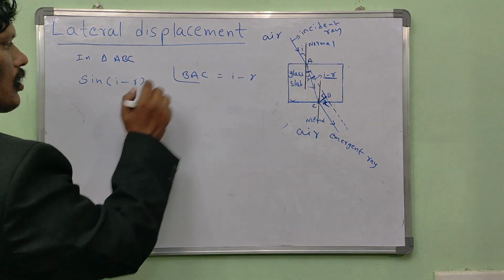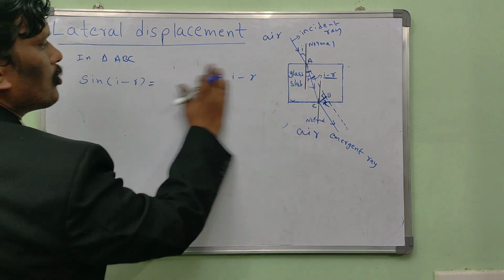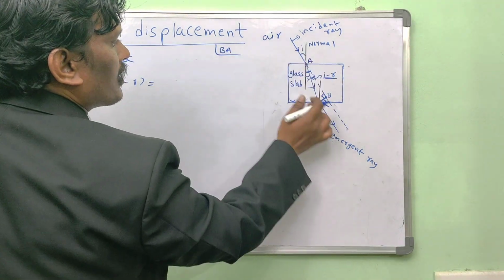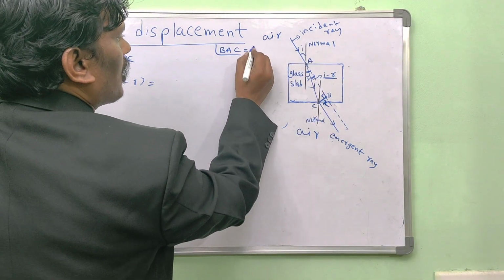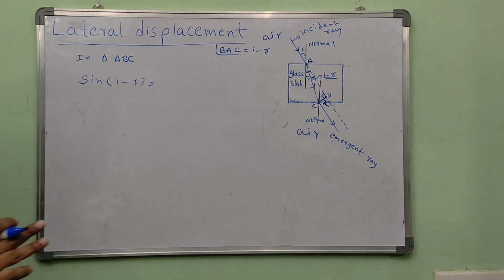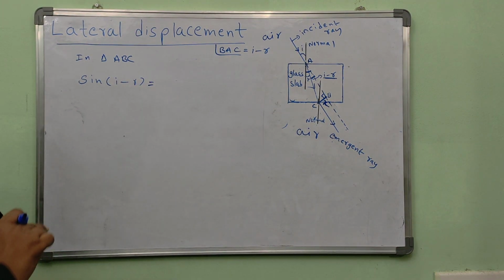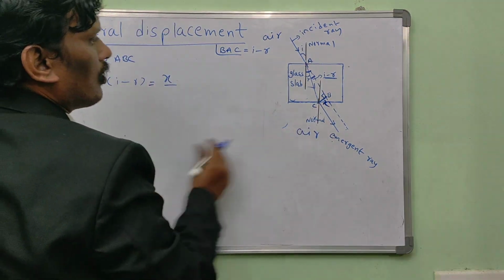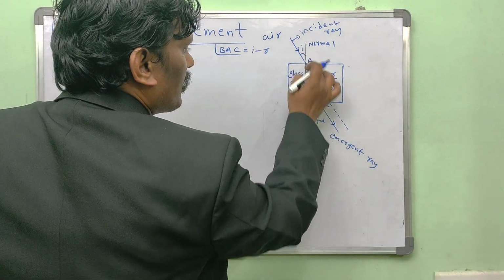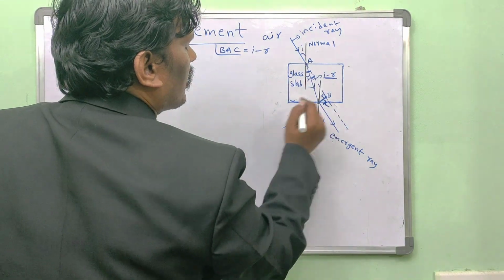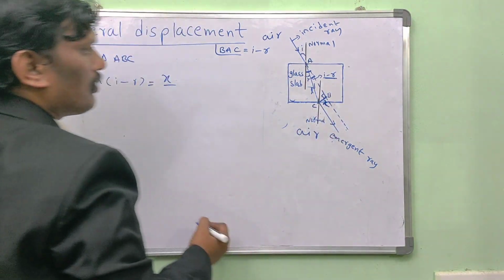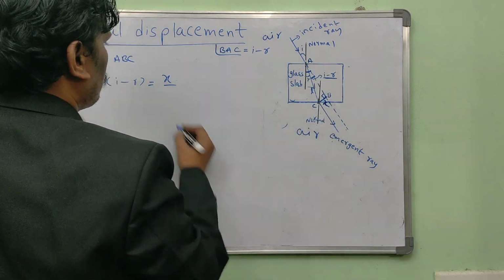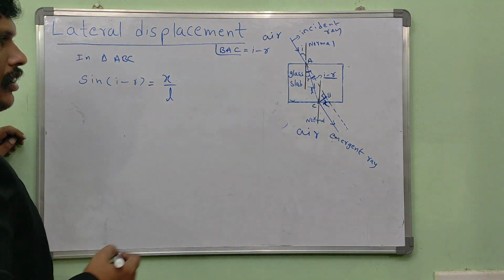Sin theta means opposite side by hypotenuse. So sin(I minus R) equals what? The opposite side here is x. The hypotenuse is AC, which I am going to consider as L. So sin(I minus R) equals x by L. Here, what is L?